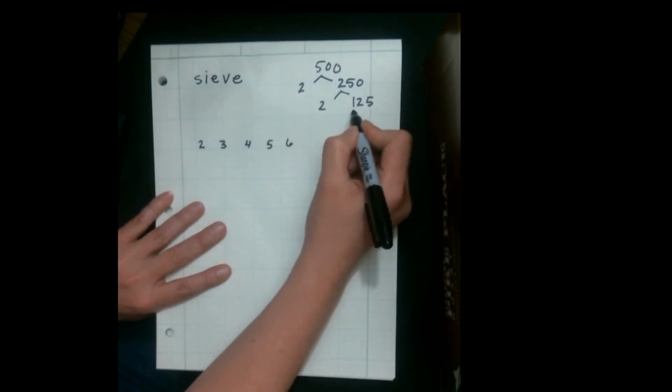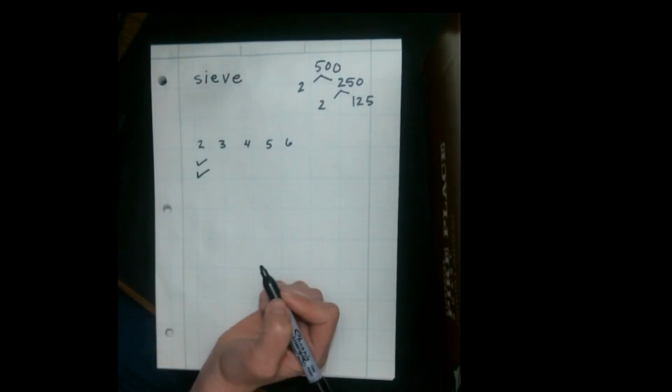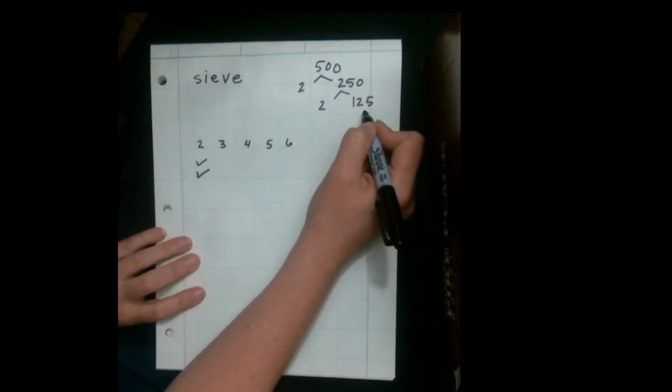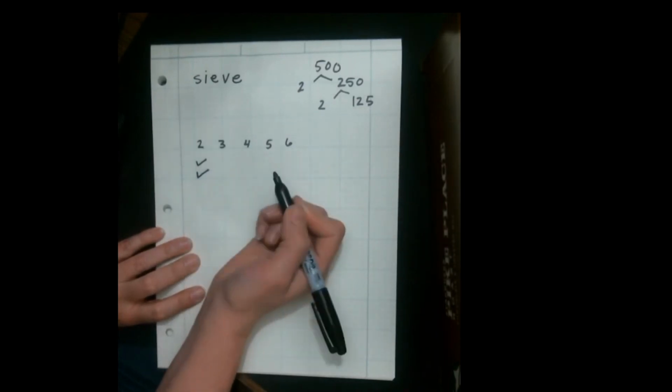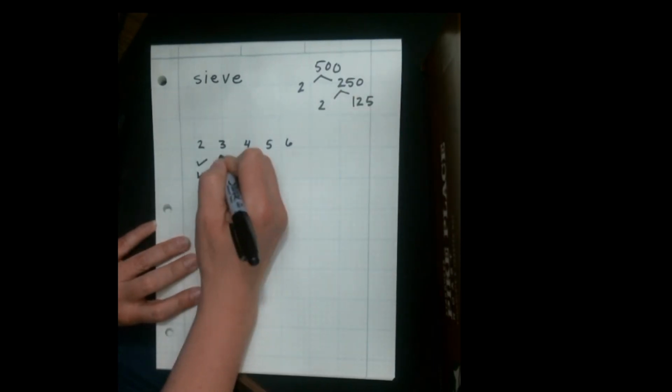And once we can't divide by 2 anymore, we go to the next number. So in 500, I ended up dividing by 2 twice. So then we check and see if 125 is divisible by 3. And it's not. And then here's where the sieve starts to come into play.